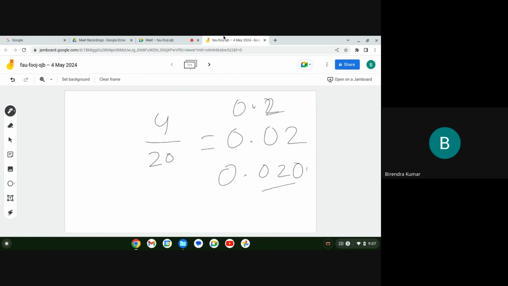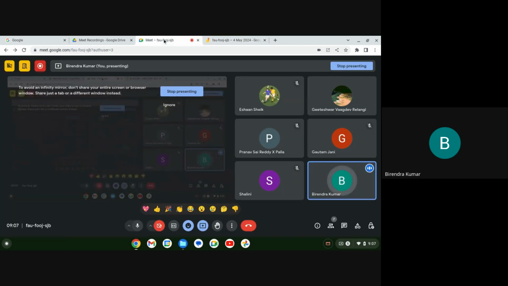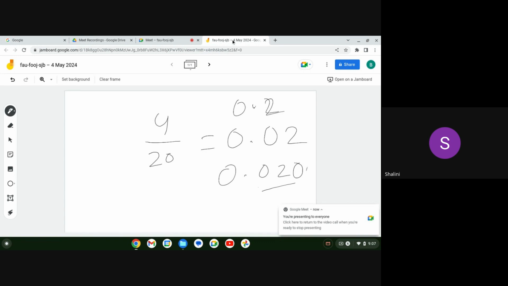Any new answer? I think Pranav has told, Gitesh has told, Ishan also has told. Ayush, Shalini, do you have one of these two answers or different answers? So Shalini also has given an answer.